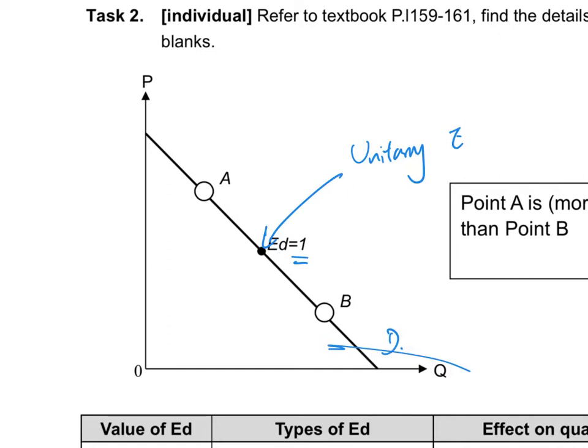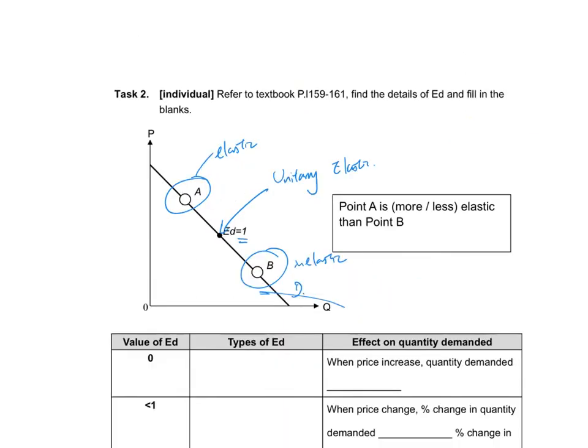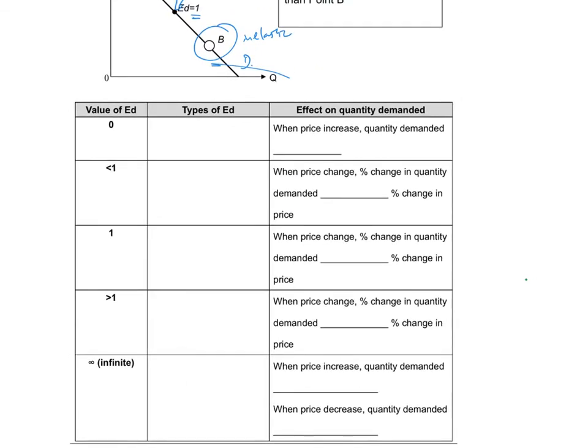At any point of the upper part of the demand curve, we call that elastic. And on the lower part of the demand curve, we call that inelastic. Okay, so this is the basic of what we learned, but what are the differences and what is the meaning of elastic or inelastic or any other things?